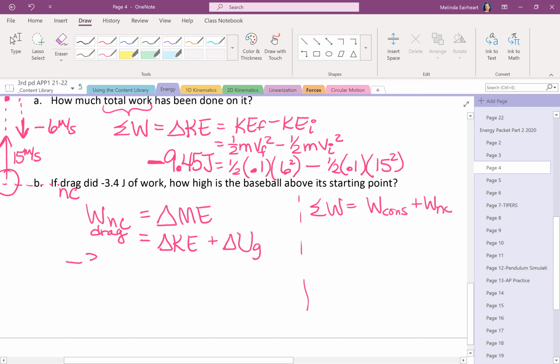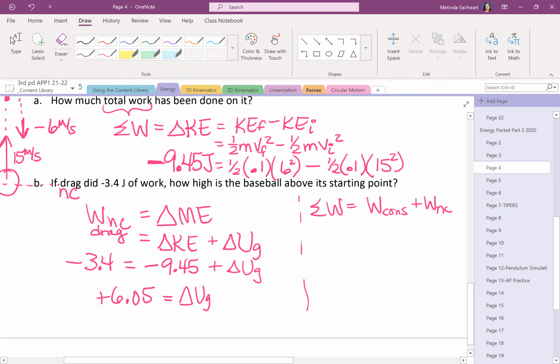And so negative 3.4 equals, we already found the change in kinetic, negative 9.45, and plus the potential energy. And so we can actually solve for the change in potential energy by adding the negative 9.45 to the other side and get what? A positive 6.05?